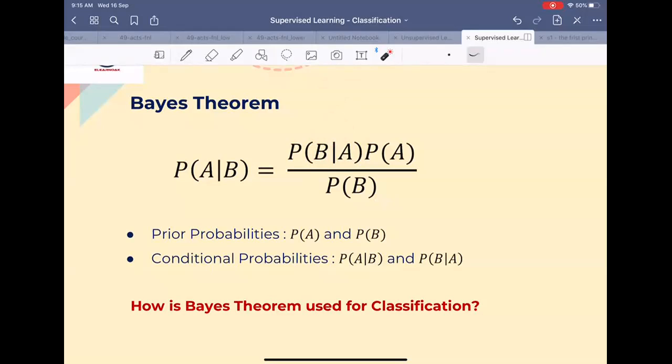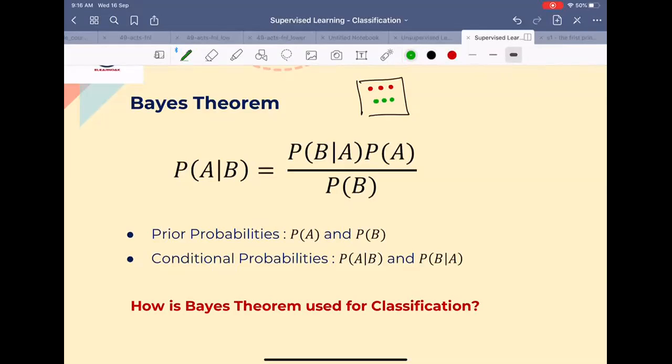Okay, so let me probably give you an example. Okay, let's say I have a box, and within that box I have 3 red balls and 3 green balls.